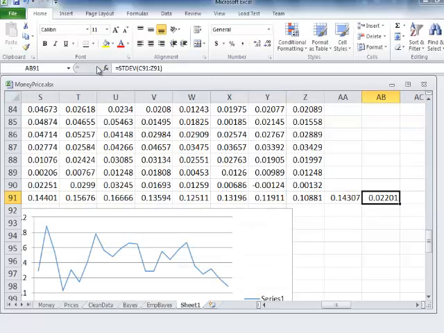So 18 is within 2 standard deviations of your mean, so it's not going to be an outlier, so it's not going to cause problems in the data analysis.